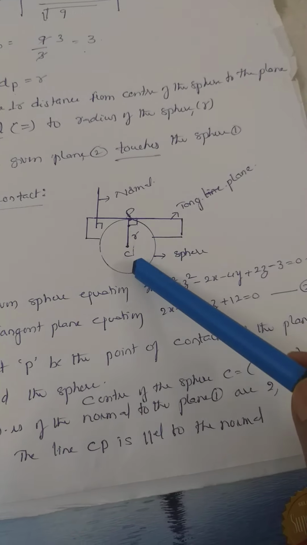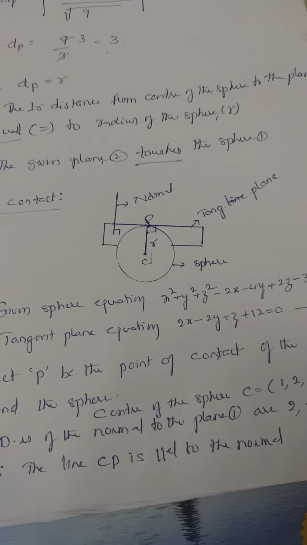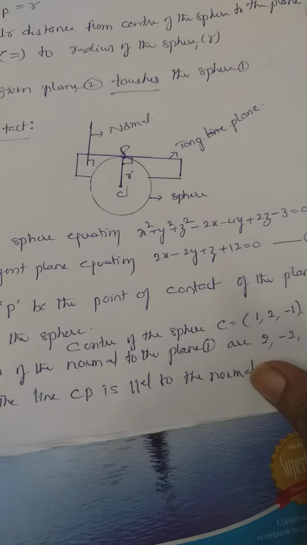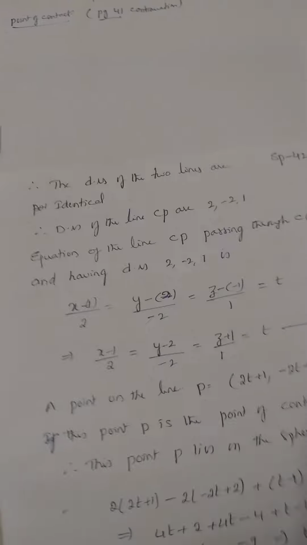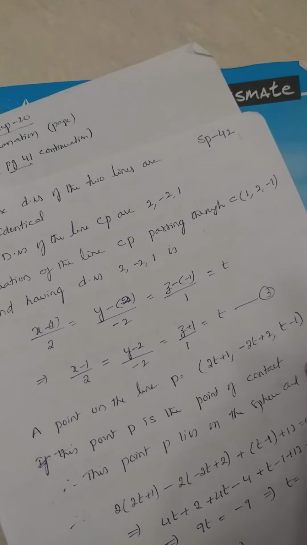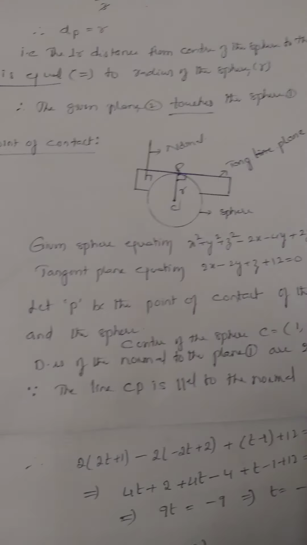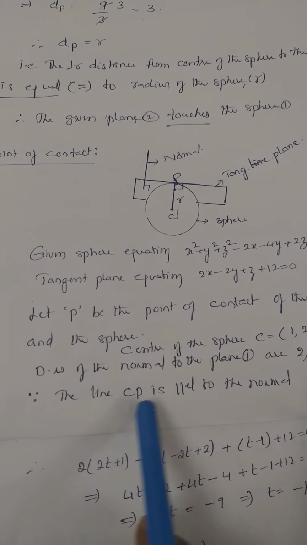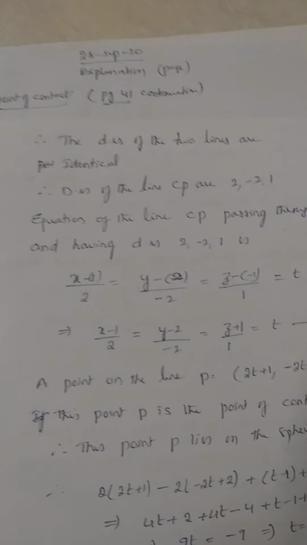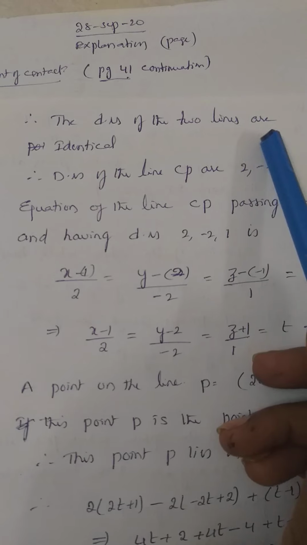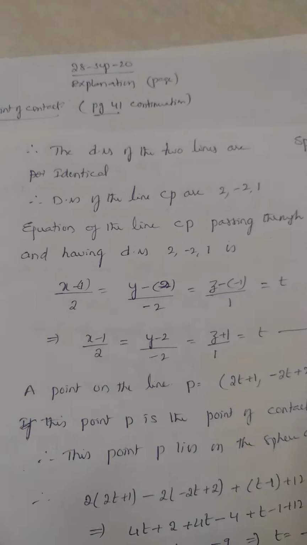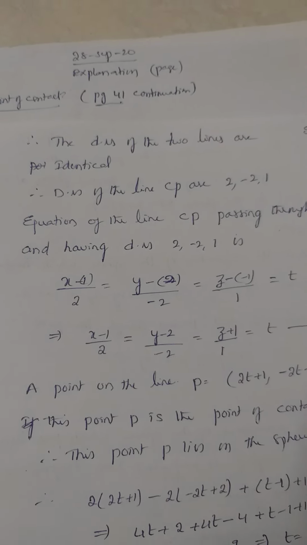If two lines are parallel to each other, then their direction ratios are proportional to each other. Thus from the figure, what is our conclusion? The line normal is parallel to the line cp. Since the line cp is parallel to the normal, therefore their direction ratios are identical, or you can say proportional to each other, right?